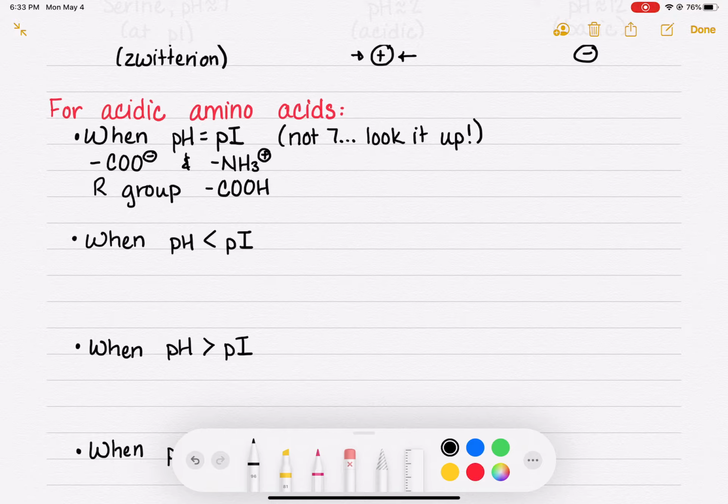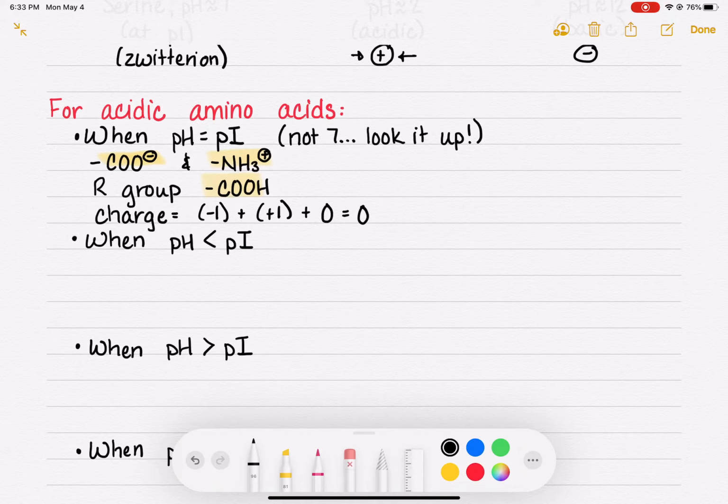So it's going to be a COOH. And the charge on this guy overall is going to be the -1 from the acid part, and it's going to be +1 from the amino part, and it's going to be nothing from the R group because that's going to be uncharged. Overall, neutral charge. We'll look at some pictures of what that looks like.